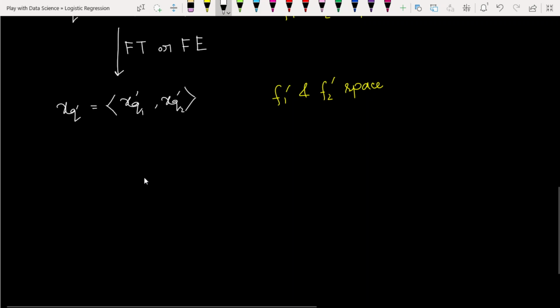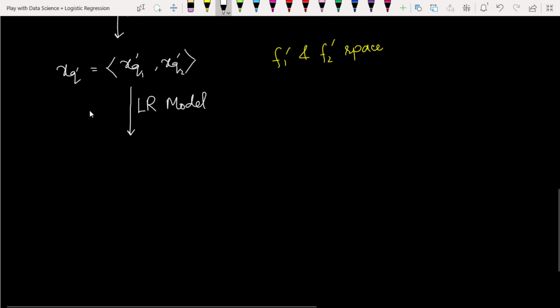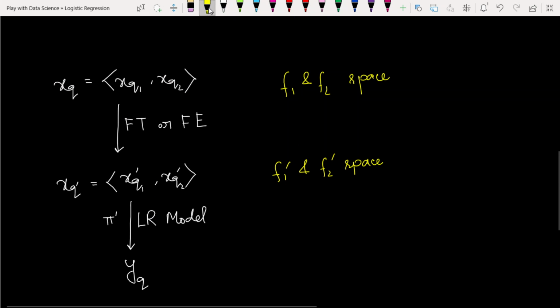Now, we have seen that in the space of f1 dash and f2 dash it is linearly separable, or almost linearly separable. So here we can easily use a logistic model to find a plane, called pi dash, to find our output, that is called y hat.